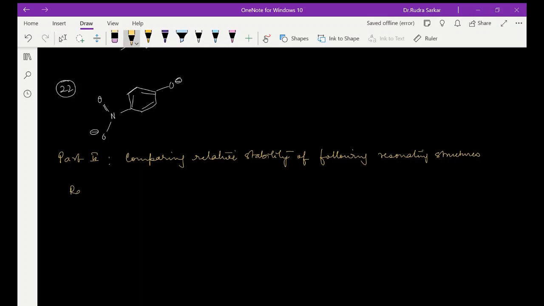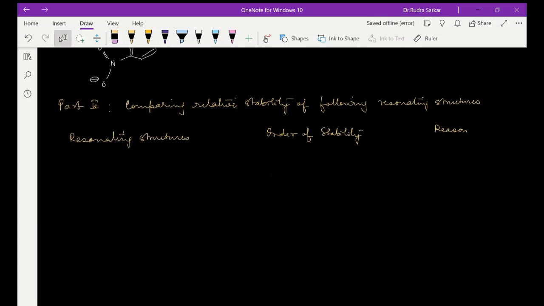We will say resonating structures, order of stability, and here we have the reason for it. So let's have two such structures.